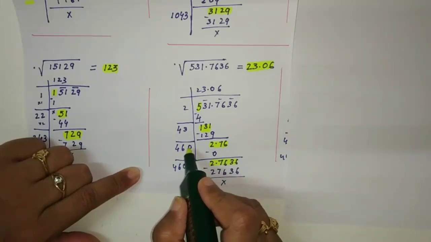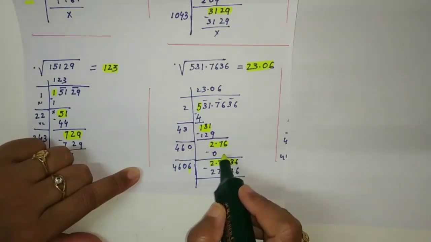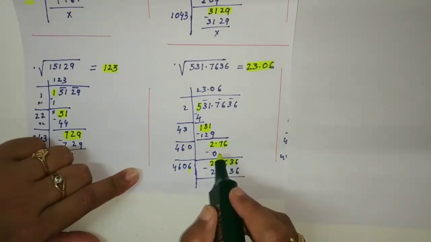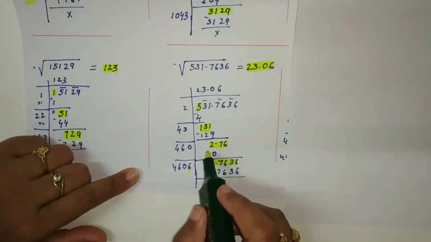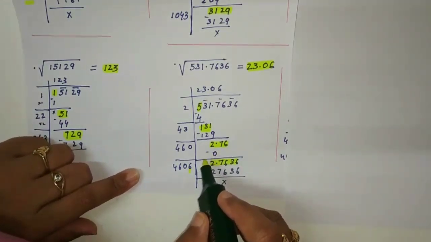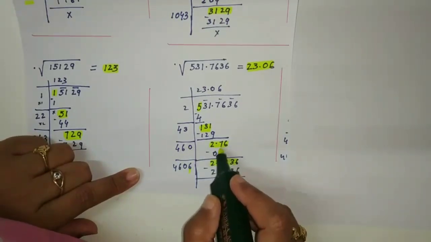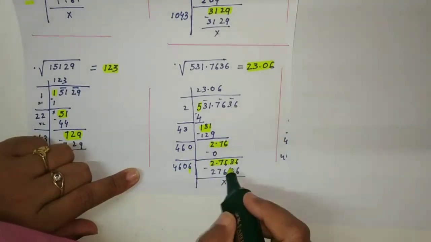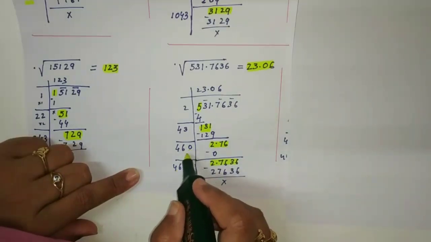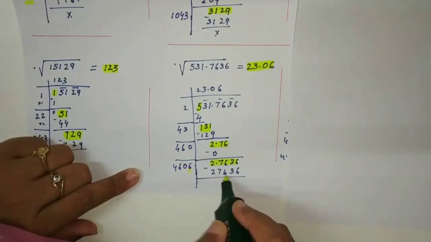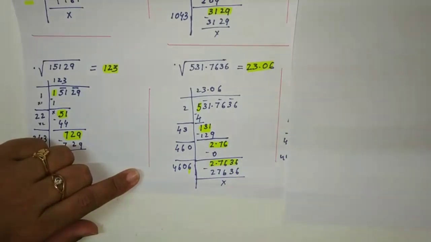So if I write 1, it will be 461, which is not possible. Becomes greater than this, should be less than this. So 0. 460 plus 0 is 460. So the difference is same, 2.76 and 36 comes down. Now 460 plus 0 is 460 and 6 is added. So multiplied and got the answer.